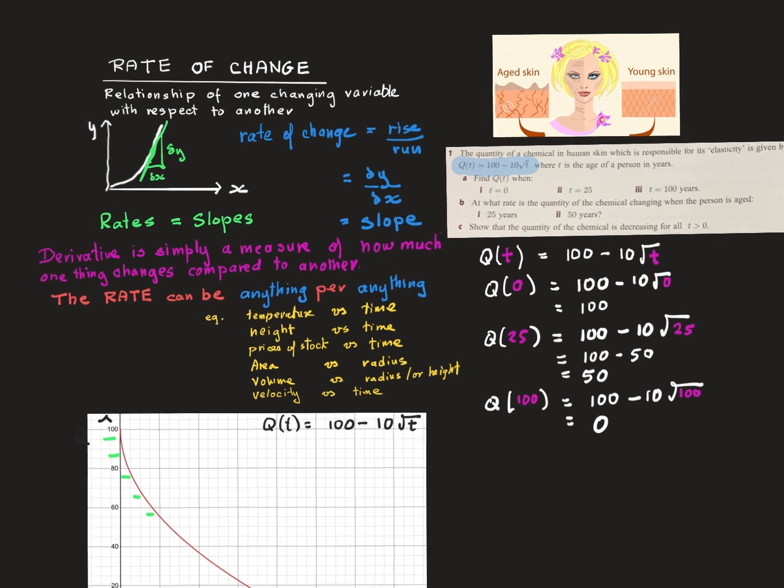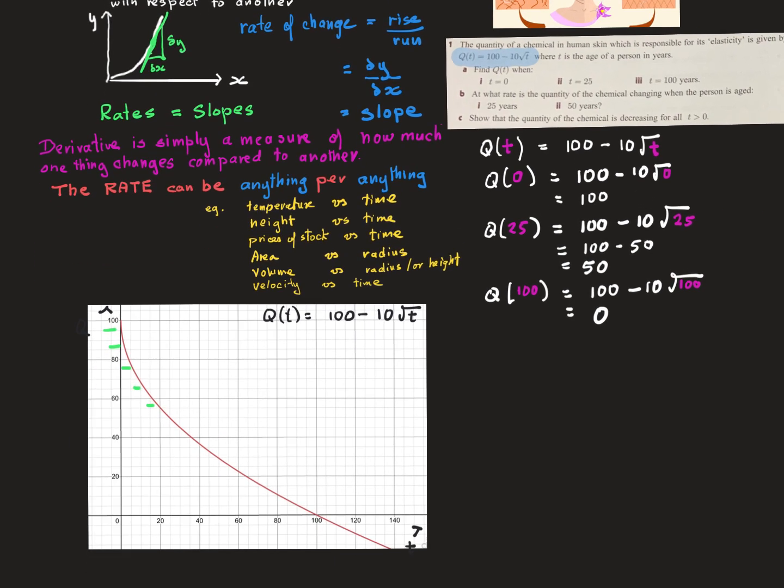That means that my negative slope becomes less steep. Well, what does that in reality mean? It means that in the early stages of your age, before you're 20, the chemical responsible for the elasticity decreases quite sharply. It begins to decrease less and less as time goes by.